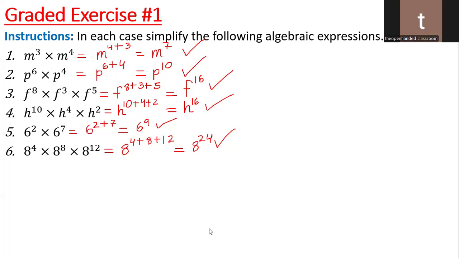Okay, so let's move on to the next one. Where's Shekinah? Shekinah, are you there? I can't hear from Shekinah for some reason. Yes, sir. Shekinah, where are you?